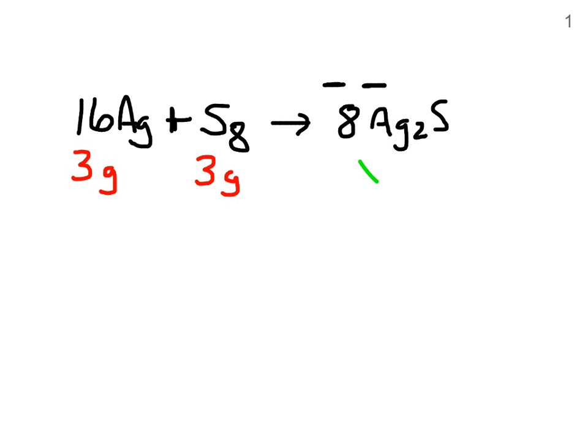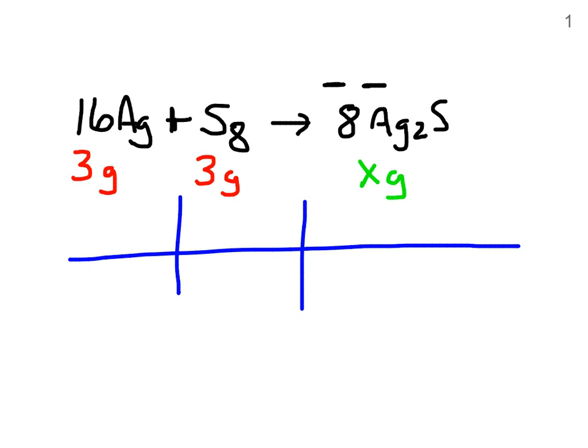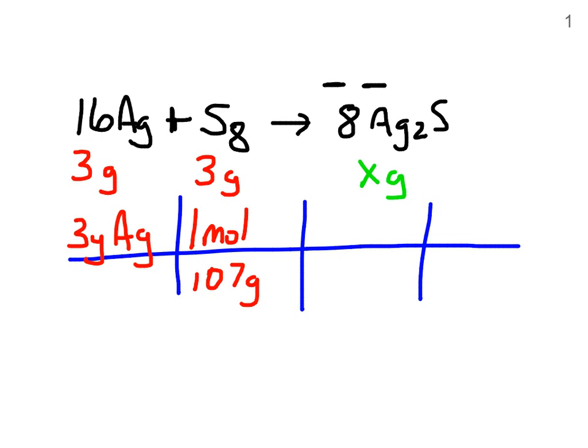Okay, so what we're looking for is how much silver sulfide is going to be produced. So what I'm going to do is solve for both the reagents separately. I'll start off with the silver. I have 3 grams of silver. 1 mole of silver, according to the periodic table, weighs 107 grams.